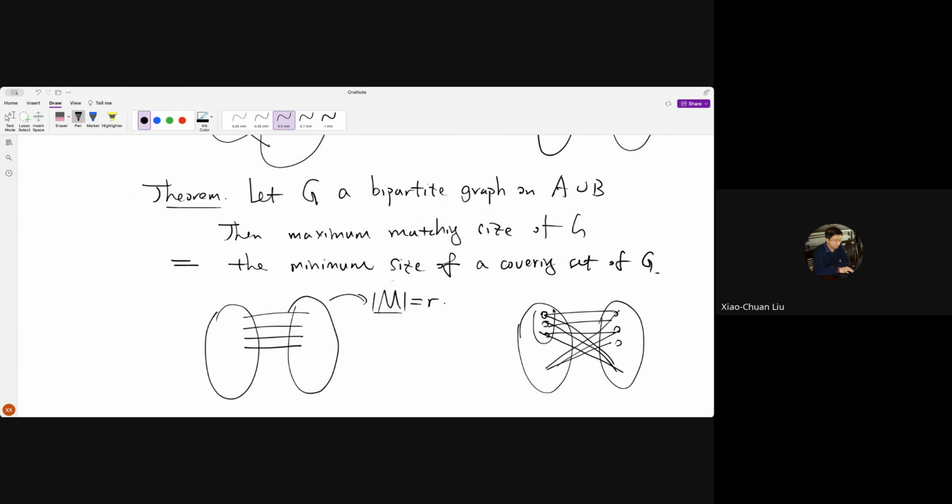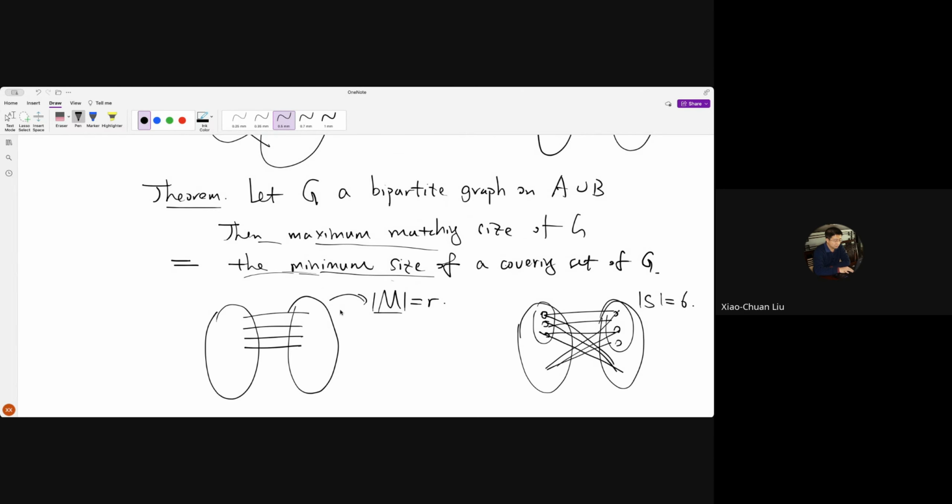For example, in this case my covering set S has size 6. I choose some vertices and ensure that all the edges have one end vertex in my S. My goal is to choose as few as possible. As it turns out, these two numbers are the same.